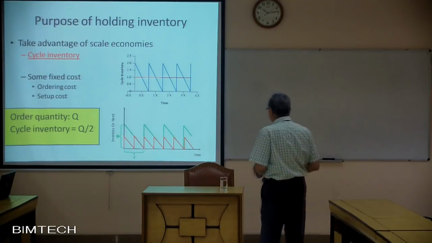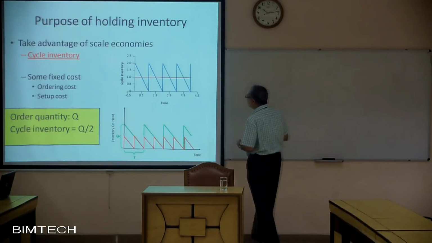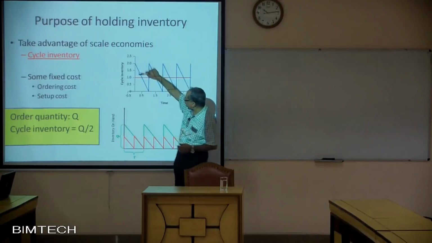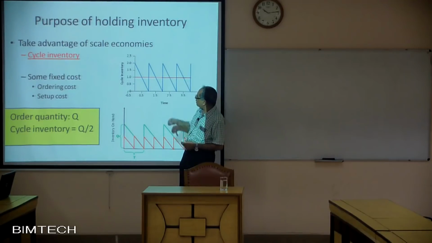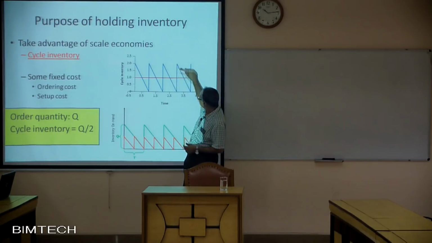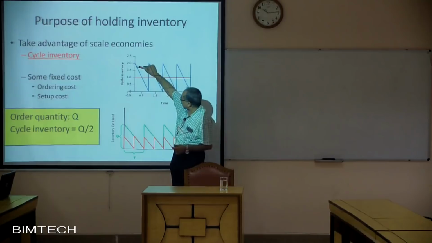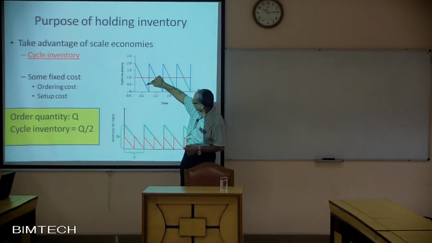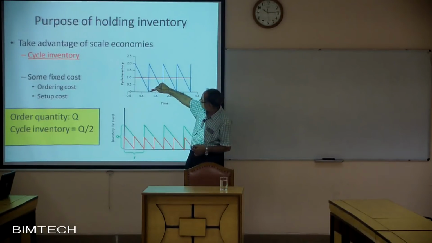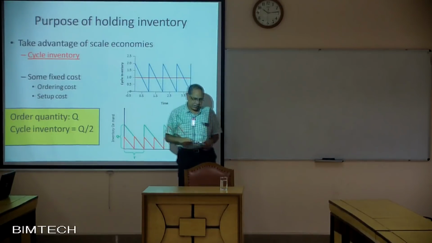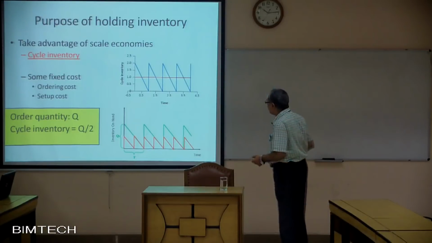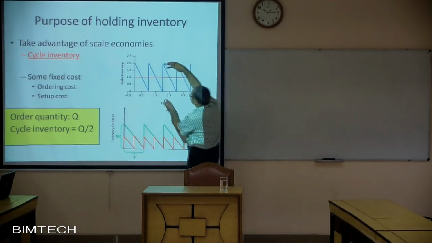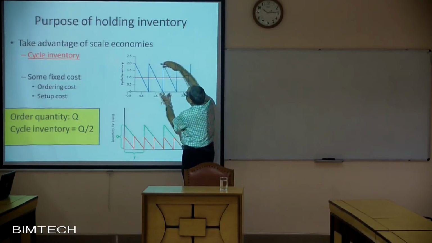And therefore, the slope of this line represents the rate of consumption, or it represents the rate of demand. And truly, this is what we are seeing here. So the inventory is getting consumed, and it reaches zero. And why does it rise up again? Because we have received another consignment, another quantity. So therefore, we are saying that this is the size of the order that we receive each time.